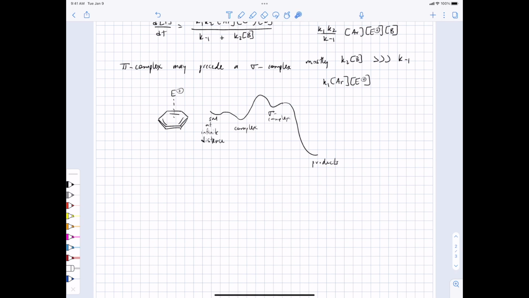So you could call this an encounter complex, or maybe in this case it's the pi complex. But basically the two molecules have to find each other, and then the reaction can happen. So one way by which that could occur would be by this pi complex.